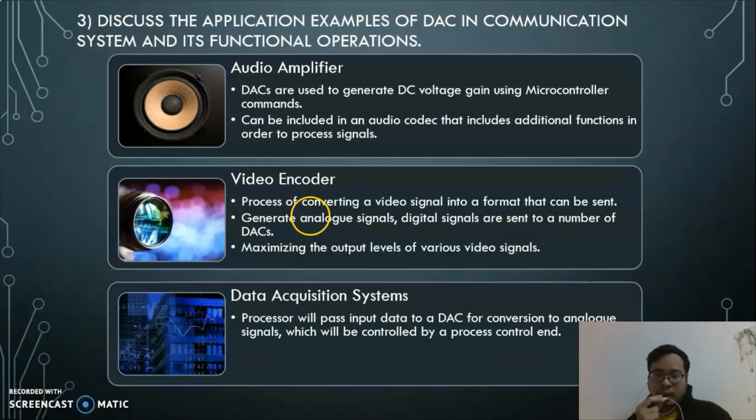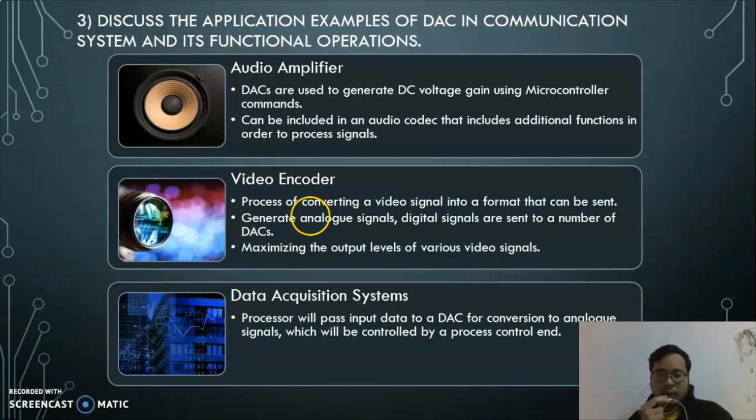Second, DAC is also used in the video encoder, where the process of converting a video signal into a format that can be sent. It is also used to generate analog signals and to maximize the output level of various video signals.